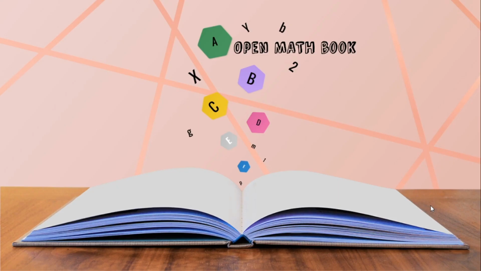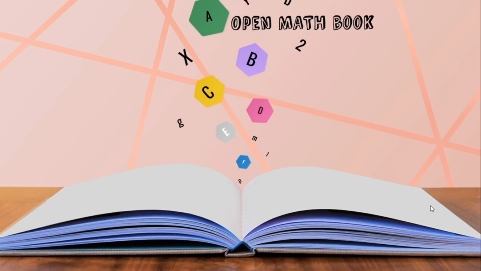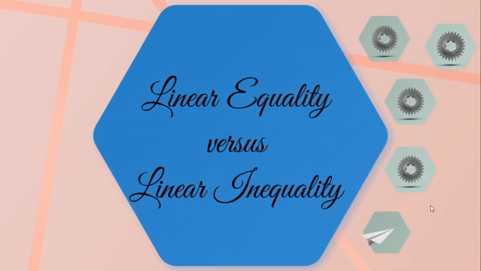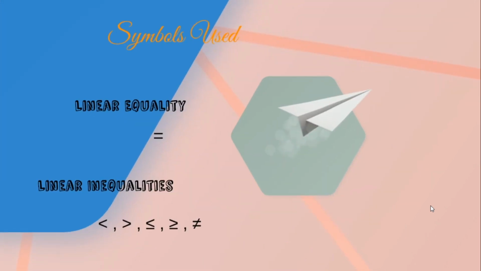Okay class, so let's open the math book. Linear equality versus linear inequality. So in symbols used, in linear equality, we only use equal symbol. While in linear inequalities, we have 5 symbols.